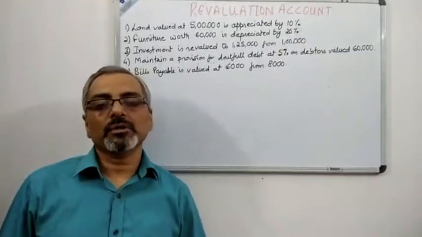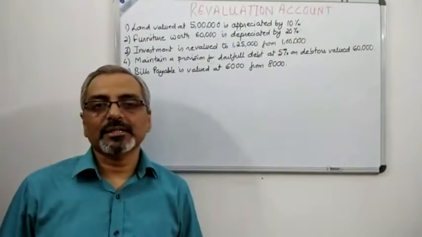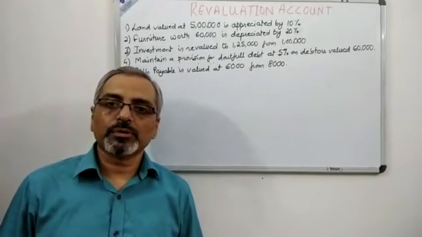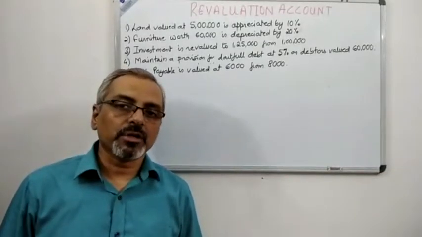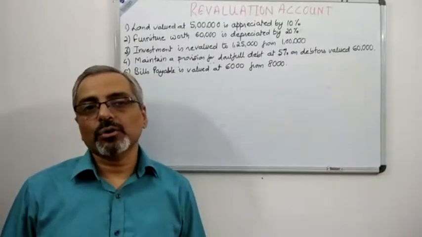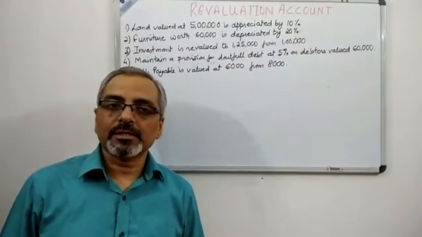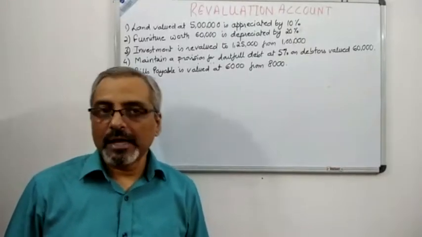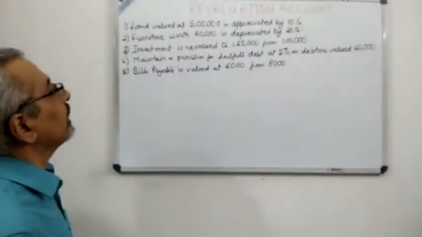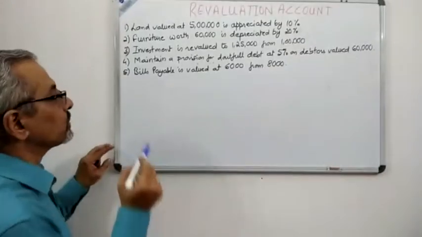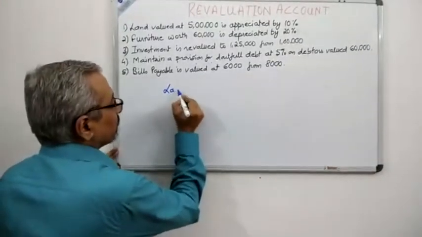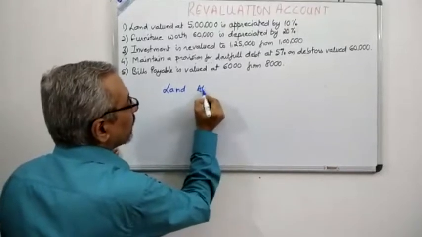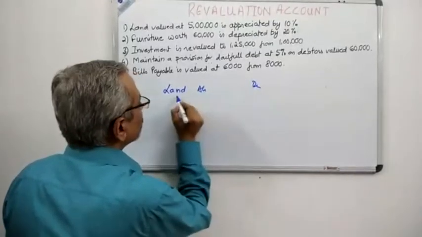So in the first case you can see the value of the asset has increased and therefore it should be posted on the credit side of the revaluation account. But since here I'll be showing you with the help of journals, let us understand the first journal entry, that is what will happen if the value of land increases. The journal entry will be very simple.